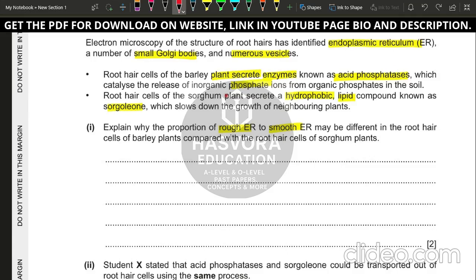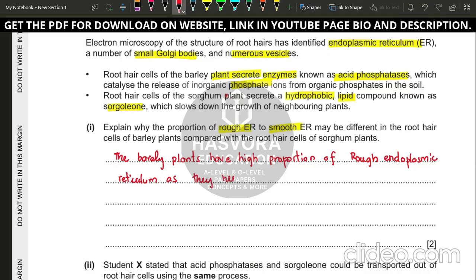So you can simply write it as: barley plants have high proportion of rough endoplasmic reticulum, as they need more sites of synthesis of proteins.